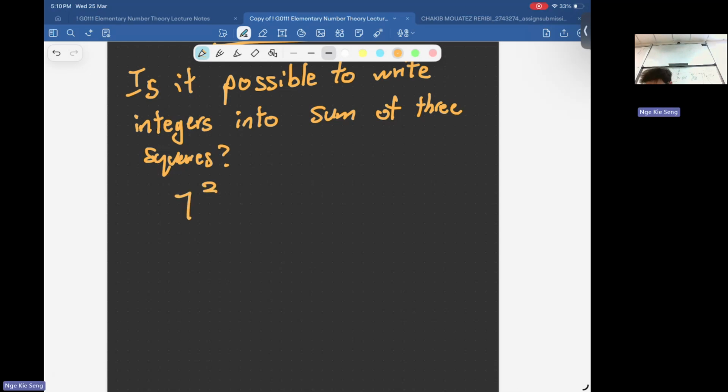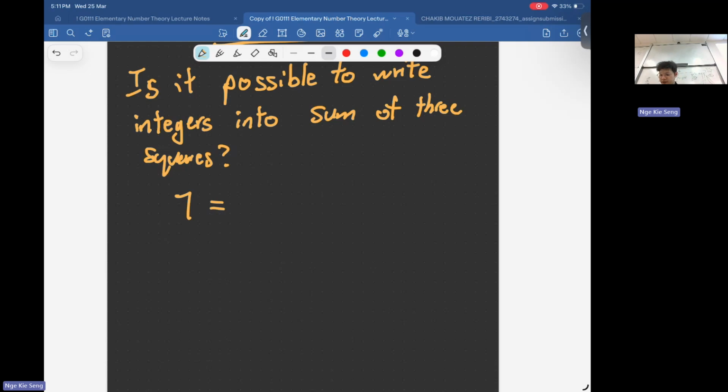For example, let's say I want to write 7 as a sum of 3 squares. Is it possible?